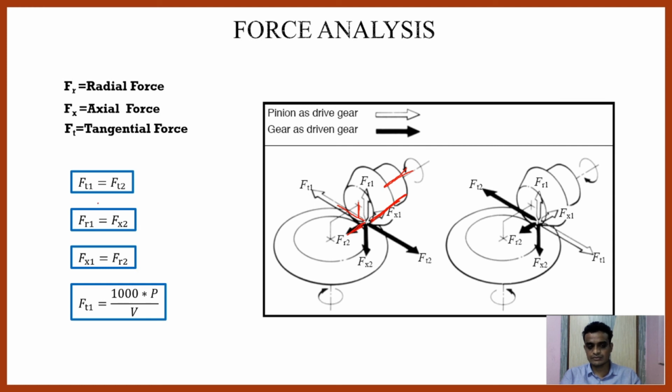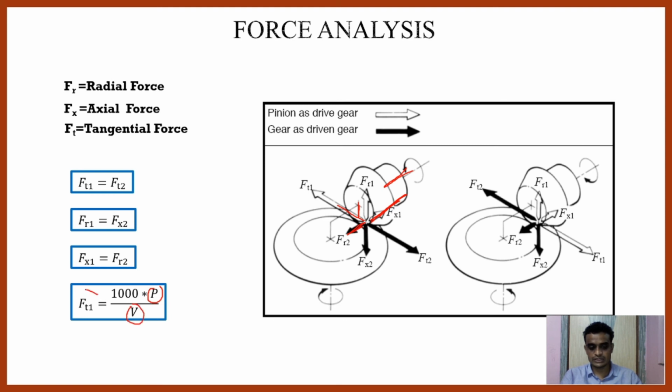Okay, in this way we can find out the forces. Again, how to find out these forces? For ft1, we require any one value. The total power will be given to you. Power P is equal to T into omega, or F into V. The tangential force ft we can find out using this equation, if the power and the angular velocity or the velocity are known to us.